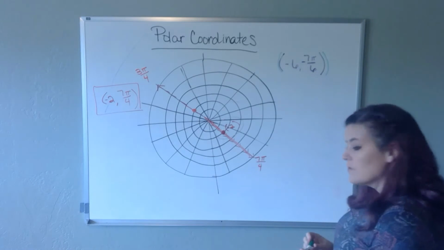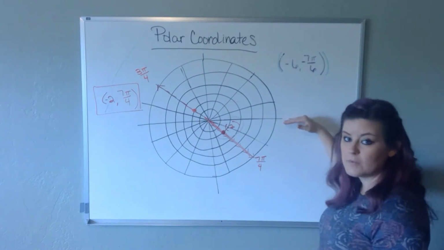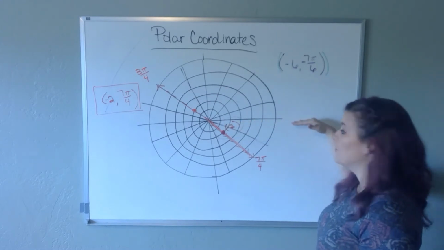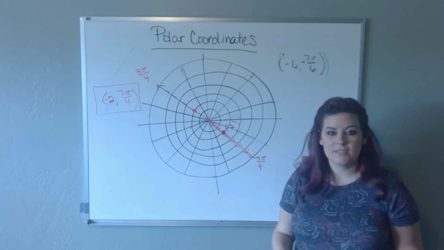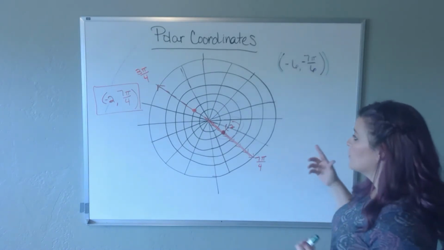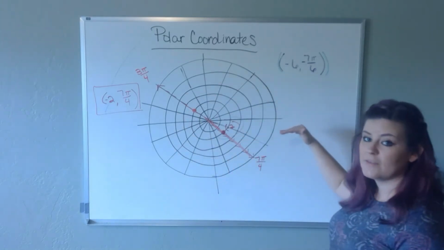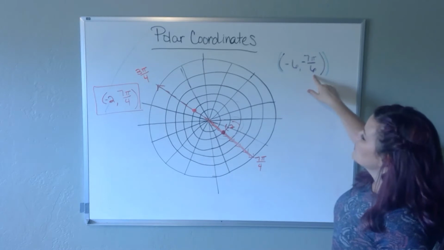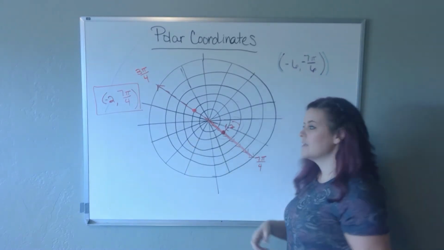So if your theta is negative, that means starting from the place we always start, from the 0 angle, I have to go clockwise 7 pi over 6. This might be a little hard, especially in radians, because with radians we're used to just counting up the one way. But we can get there. I know it's going to be one of my pi over 6 angles, so I'm going to label a little bit as we go.